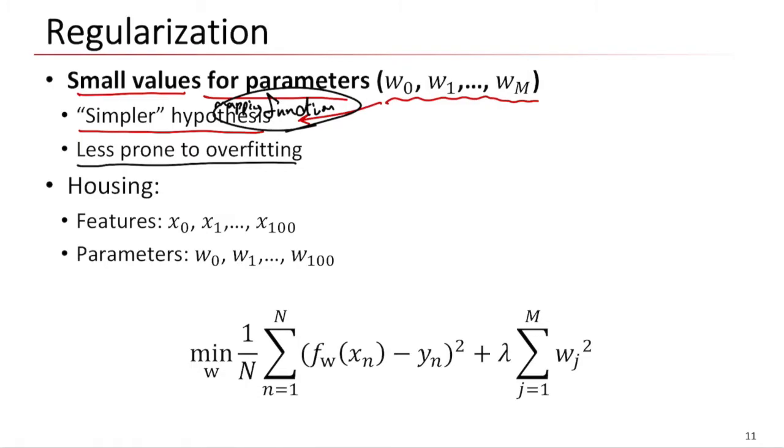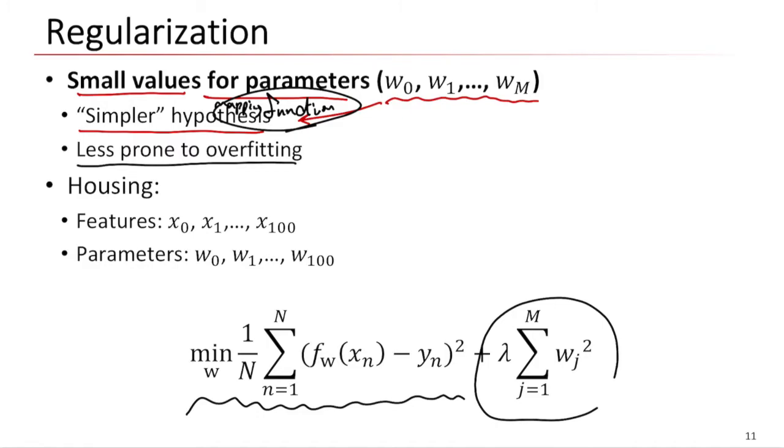Comparing to the original optimization function, we add a new term, something like this. So what does it mean? By minimizing this term, we can reduce the impact of each parameter related to each feature.